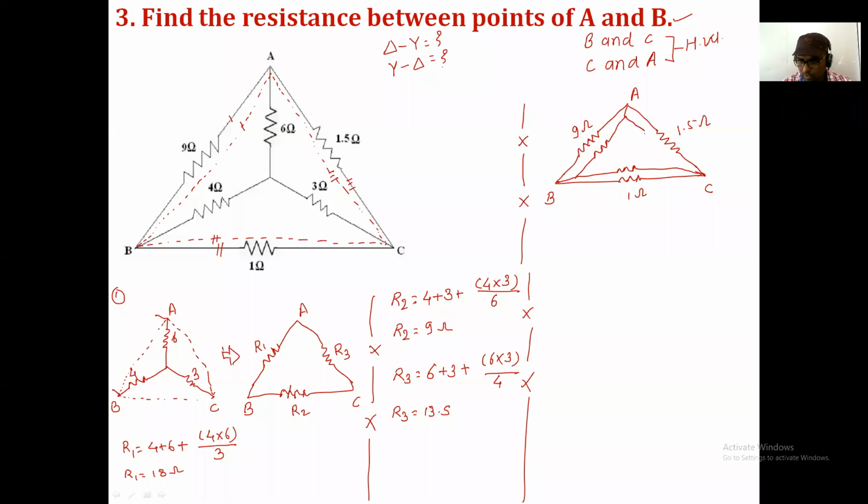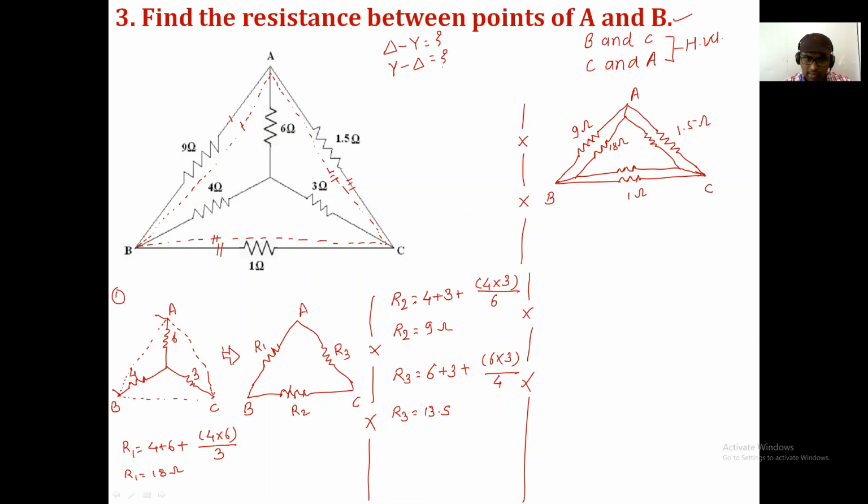And the third branch is in between C and A. Now the resistance which is connected in between A and B, see here, this is R1, and the value of R1 is 18.